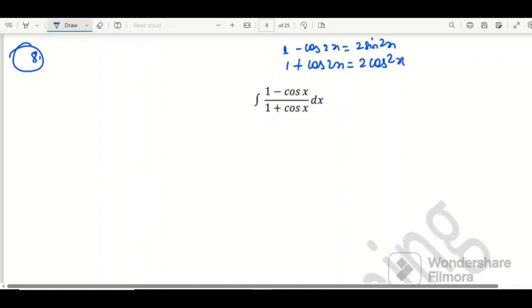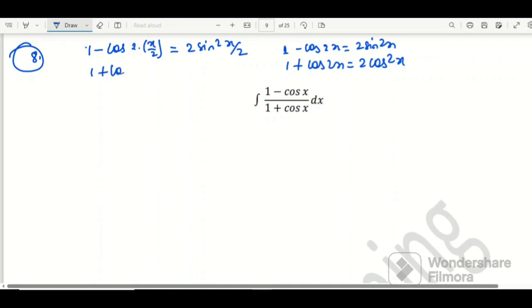But here we have 2 theta, while in the integration it is cos x. So we'll convert this formula into the form of cos x. I'll write 1 minus cos 2 into x upon 2, so it is cos x only because the 2 will get cancelled.